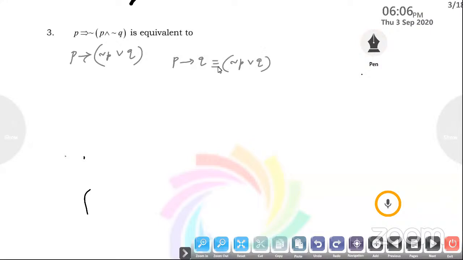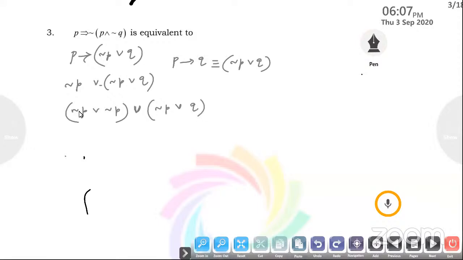That means P implies Q is equivalent to negation of P or Q. So I am considering this is P, this is nothing but Q. So I can write this as negation of P or Q. If you look at this one, this is of the form A union B union C, which can be written as A union B union, that is here R only, A union Q.